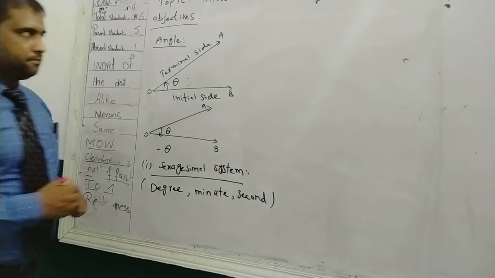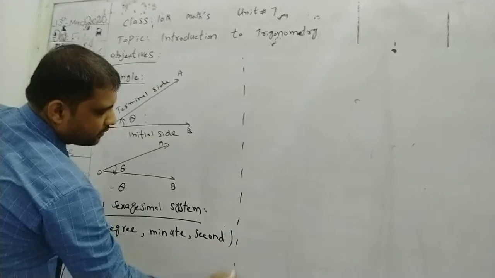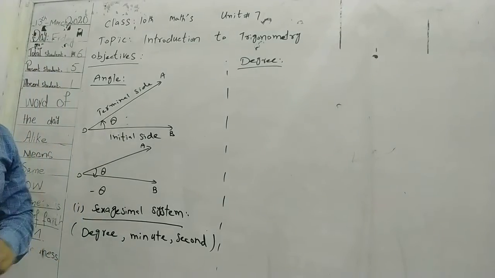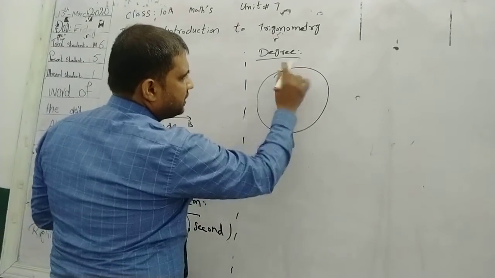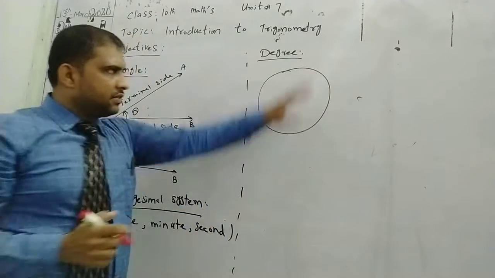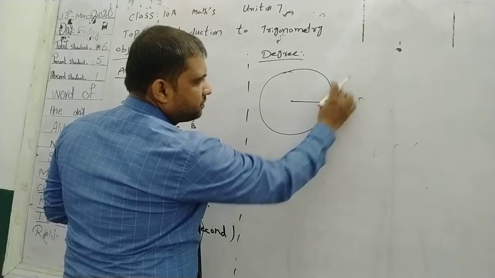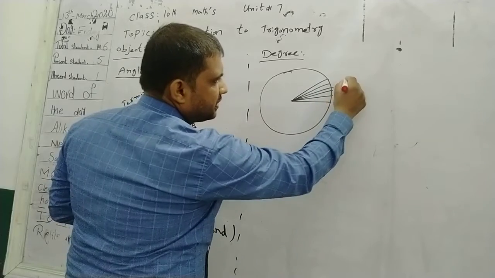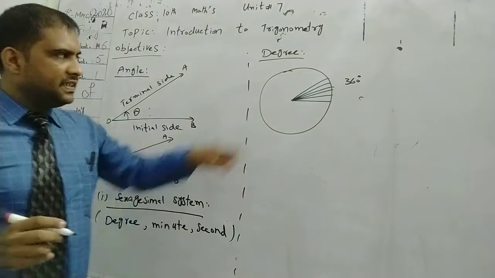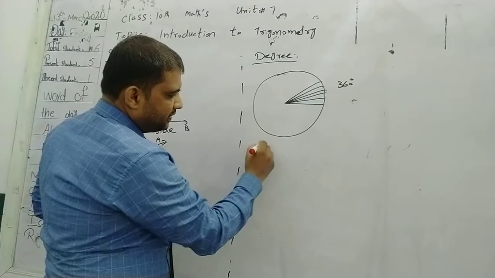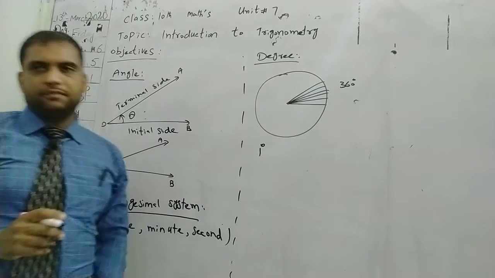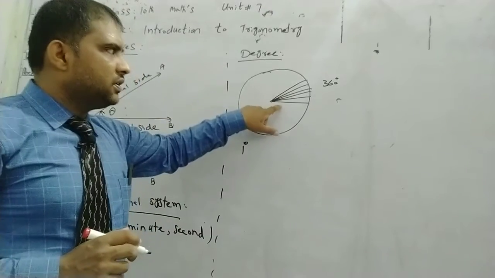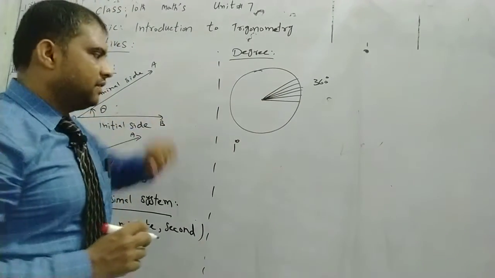What is a degree? If the circumference of a circle is divided into 360 equal parts, so this is the circle, then each central angle is called 1 degree.